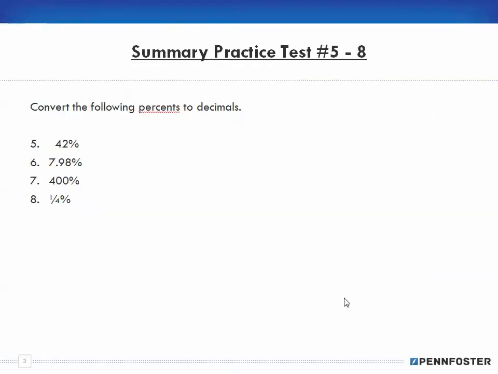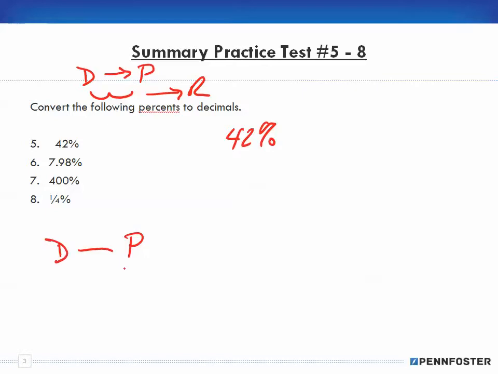Okay, next one. Now we're going to problems 5 to 8. We're going to convert percents to decimals. When I was going from decimals to percents, I moved the decimal place to the right. But when I'm going from percents to decimals, I'm moving 2 places to the left.